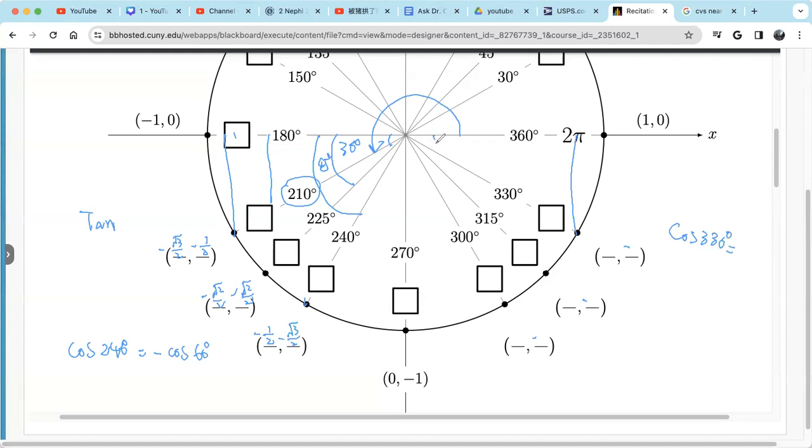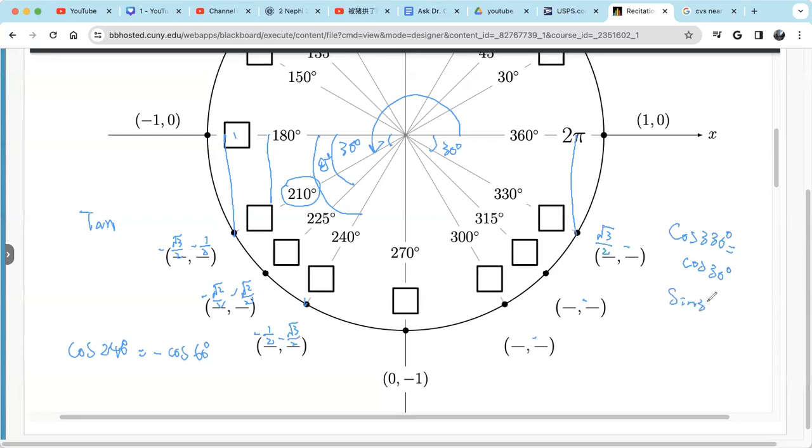This angle is 360 minus 330, so the reference angle is 30 degrees. Cosine is positive in this quadrant, so cosine 330 equals cosine 30 degrees, which is positive √3/2.